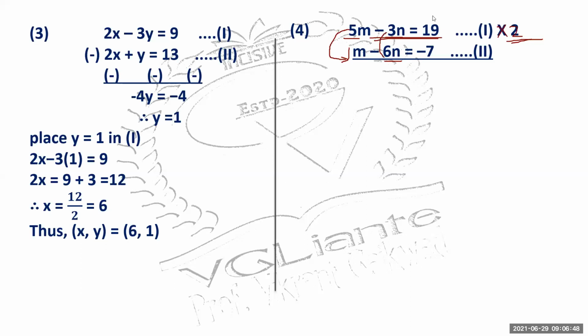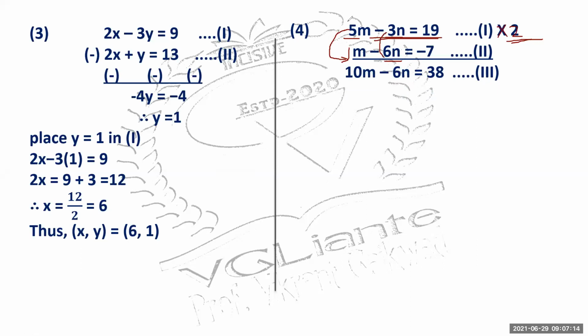Now with respect to that, once you multiply the first equation with 2, you get 10m minus 6n equals to 38. You have to multiply each and every term with 2.